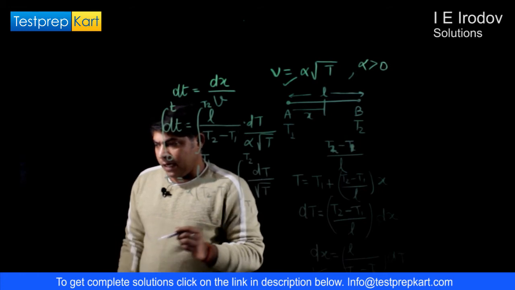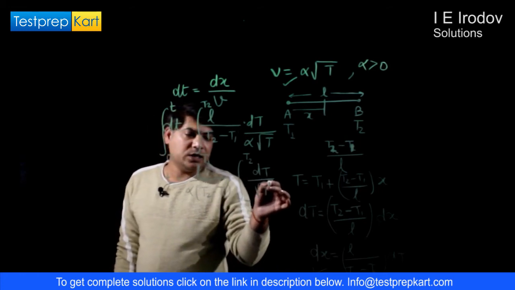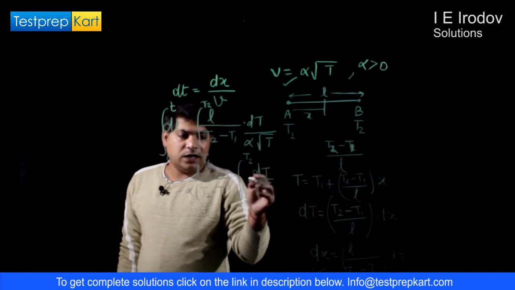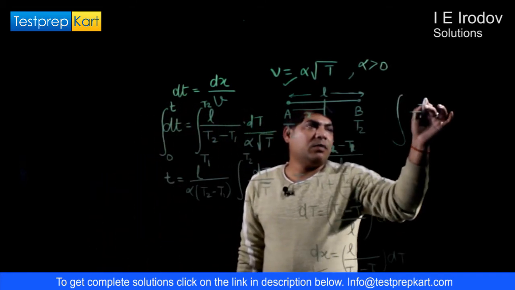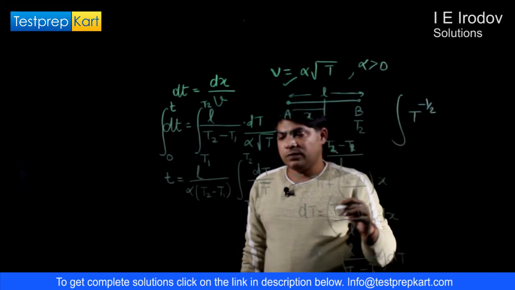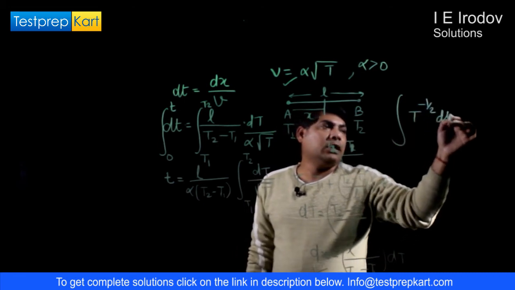Now the integration of dT over root T: we can write this term as T to the power minus 1 by 2 into dT.